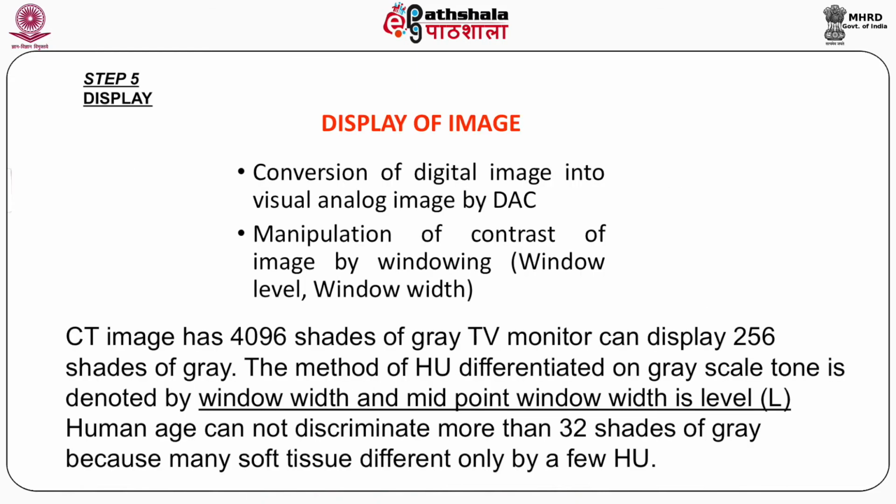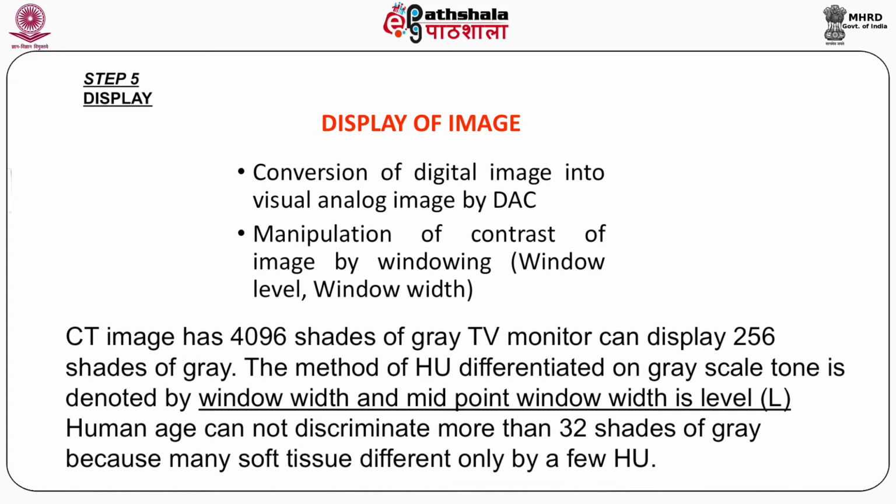The next step is display of the image. In the display, the entire CT image having 4096 shades of gray is to be displayed on 256 shades of gray on the TV monitor, and therefore we need a certain kind of post processing manipulation that is done by using windowing, window width and window level.